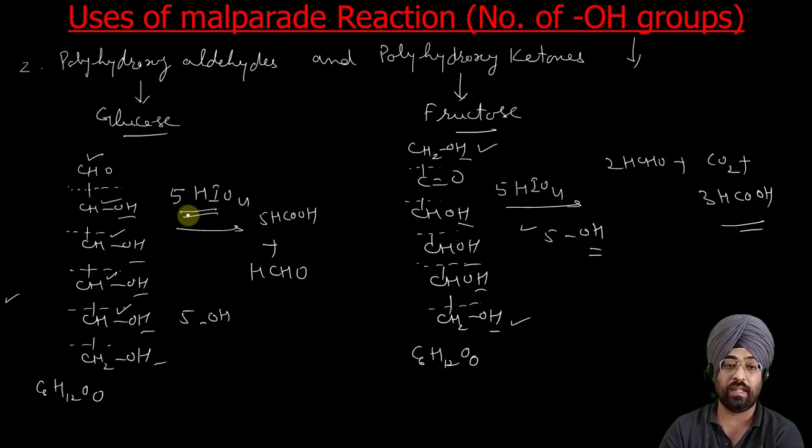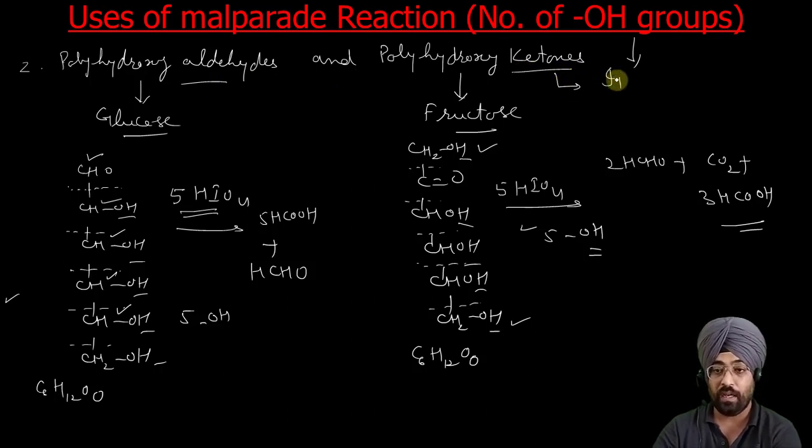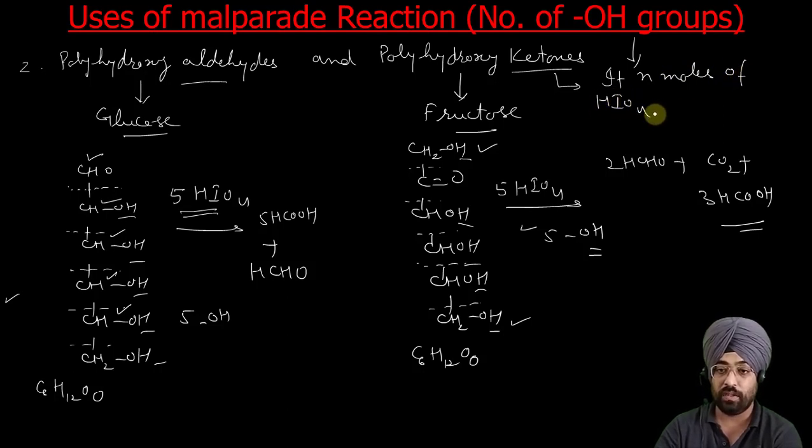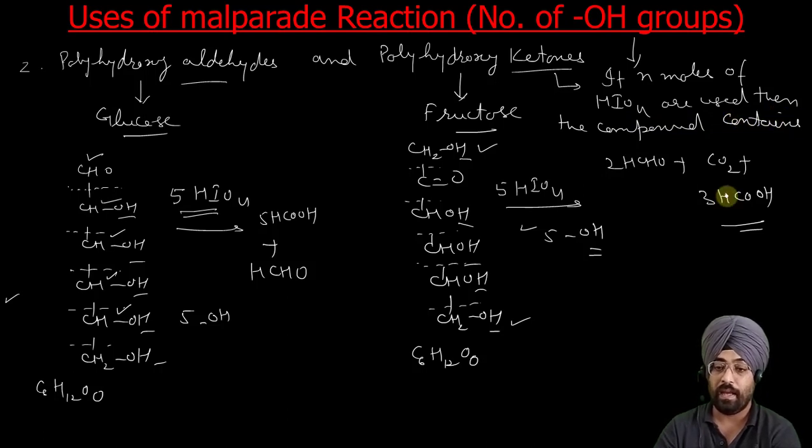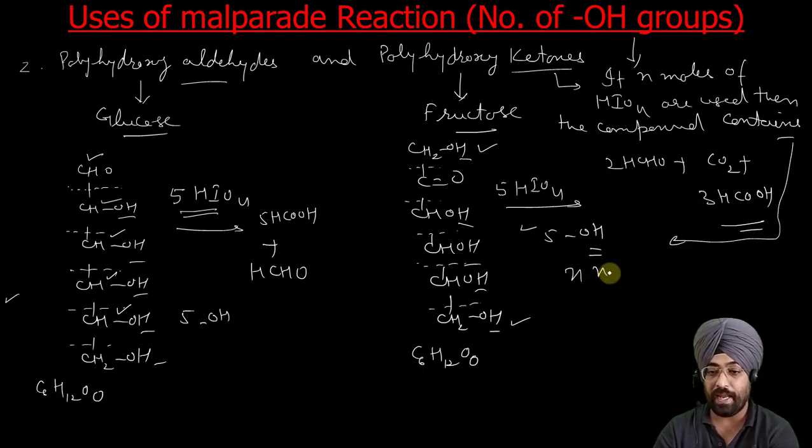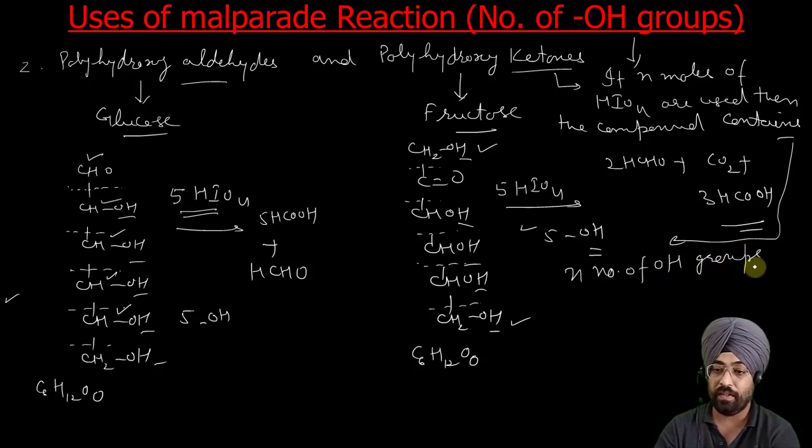So we can conclude that for polyhydroxy aldehydes and polyhydroxy ketones, if n moles of HIO4 are used, then the compound contains n number of OH groups. This I have correlated with the structure of glucose and fructose. 5 moles are used, 5 OH groups.